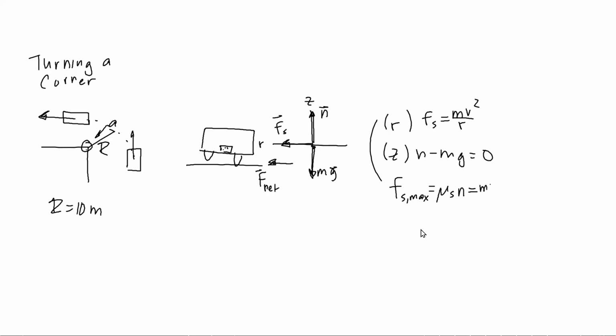That equals m v max squared over the radius. Normal force is equal to mg by the z equation. And so we've got mu sub s mg equals m v squared over r.